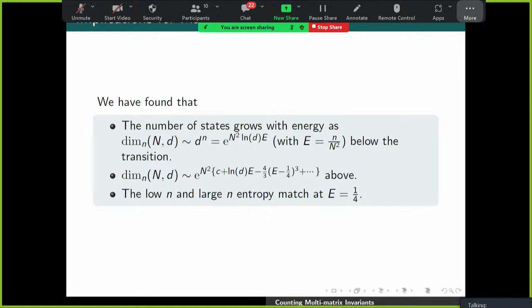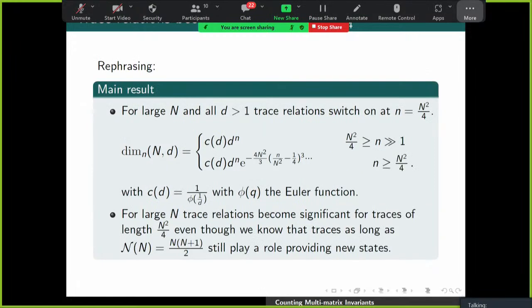There is no jump in the transition. This is a finite n system. One can compare it with the small matrix size expansions, and it agrees incredibly well with it, actually.